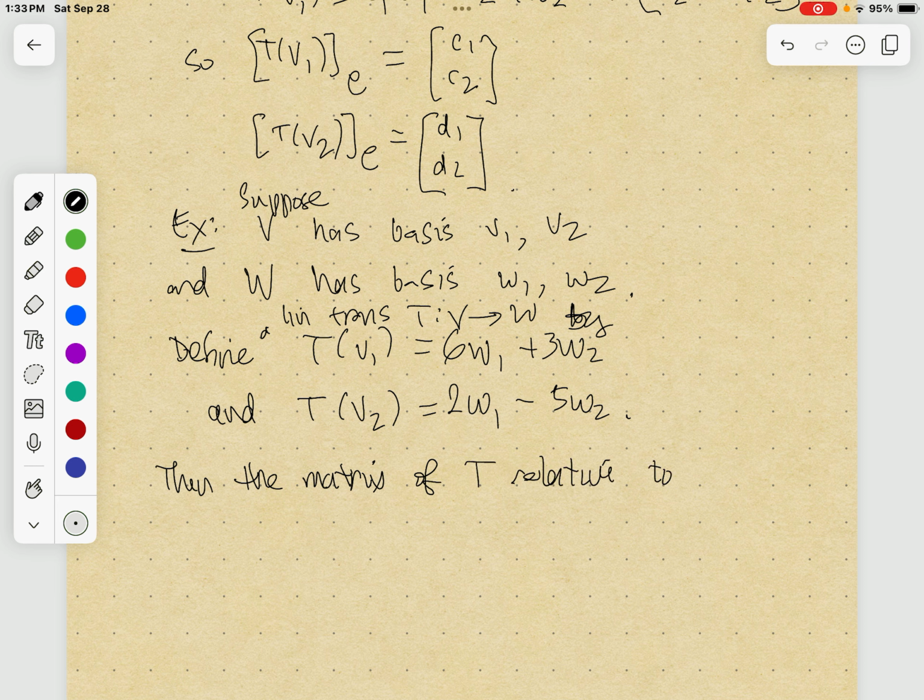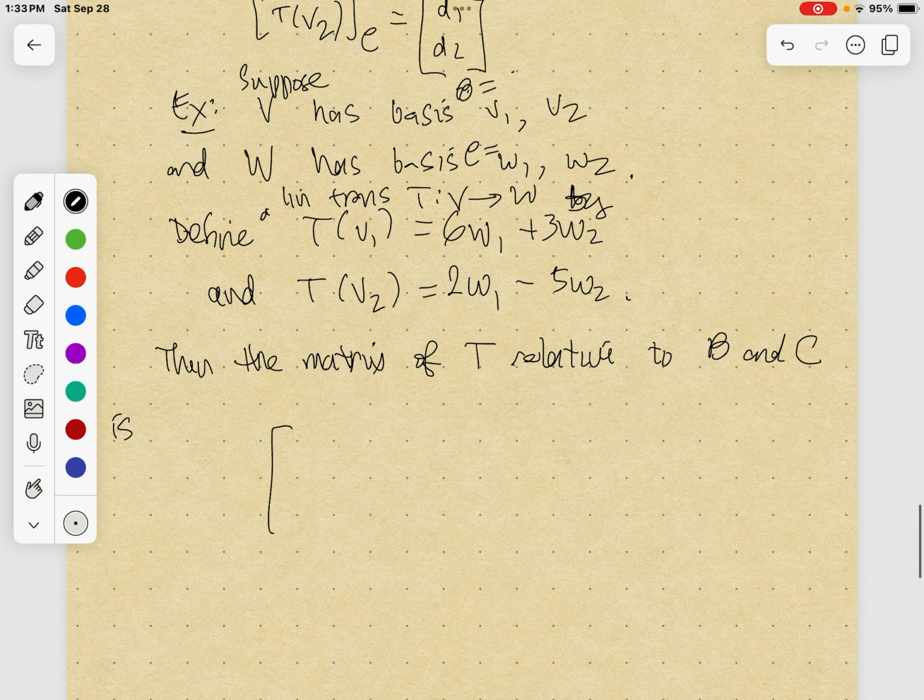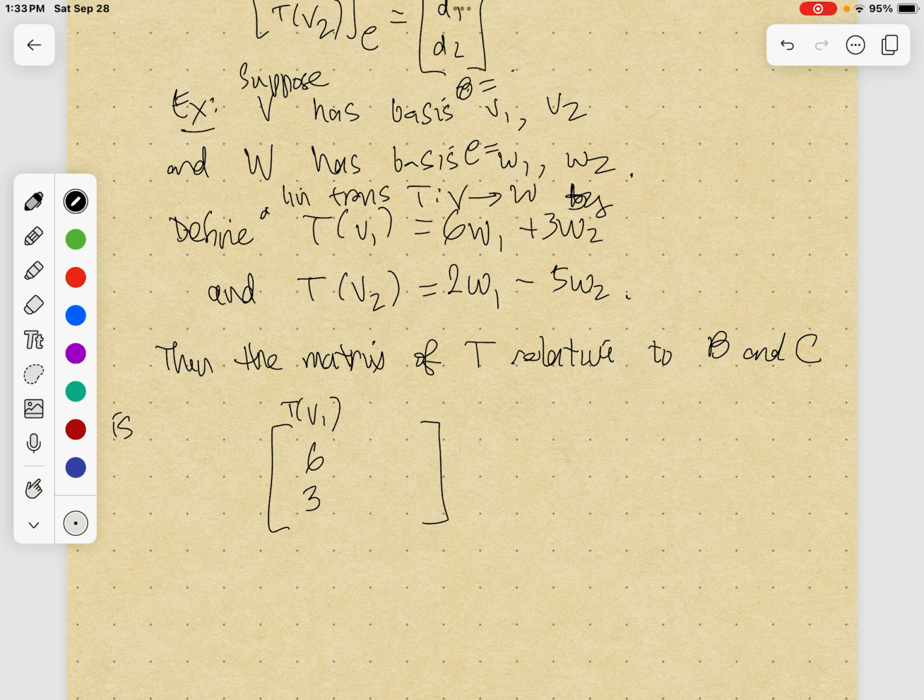Let's just call this one B and this one C. So the matrix of T relative to B and C is this 2 by 2 matrix. Remember I take T of V1, that's 6 W1 plus 3 W2. So the first column is 6, 3, and then I take T of V2, that's 2 W1 minus 5 W2. So that's my matrix. Okay, and let's just erase this because it isn't part of the matrix.